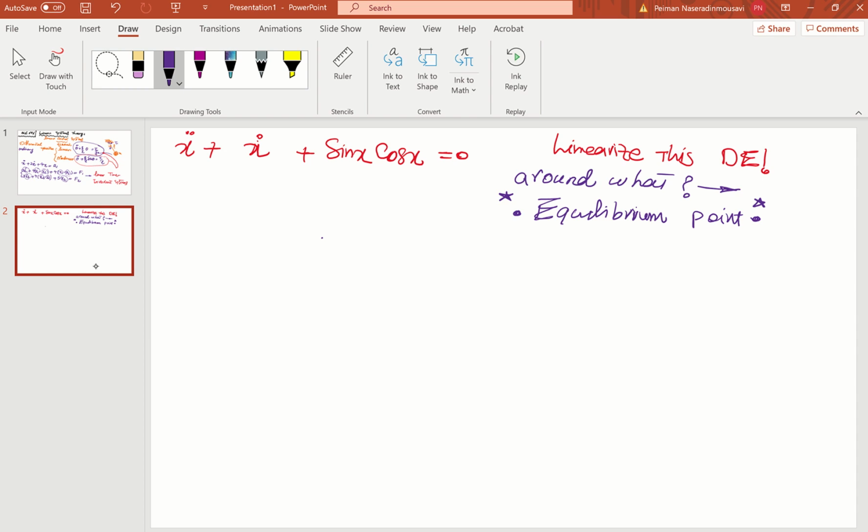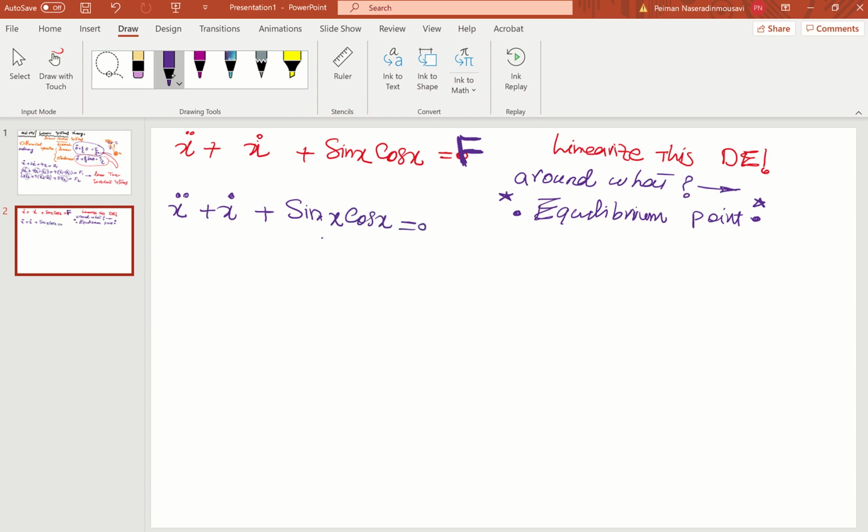That's right. So suppose the equation originally has such an external force here. When I ask you to find the equilibrium point of the system, it means that you have to remove the external force from the system. So you have to do this: sine of x and the cosine of x is equal to 0.